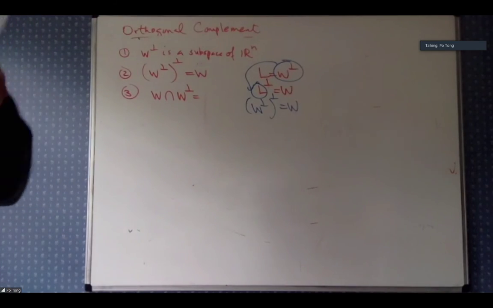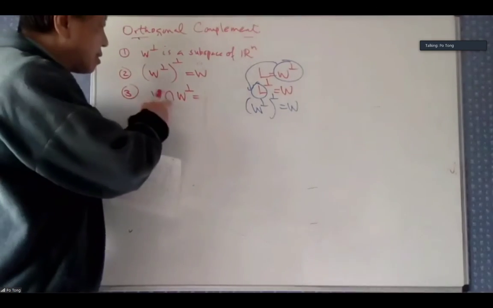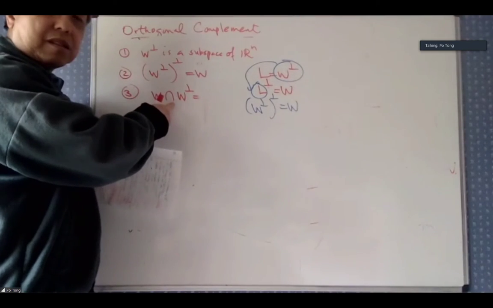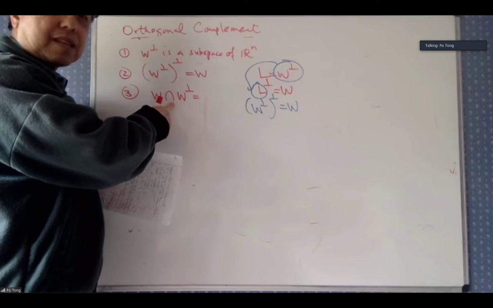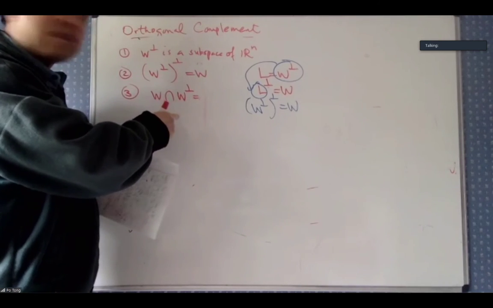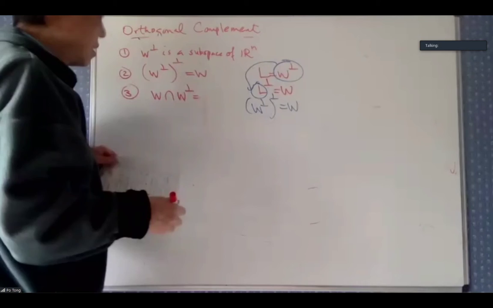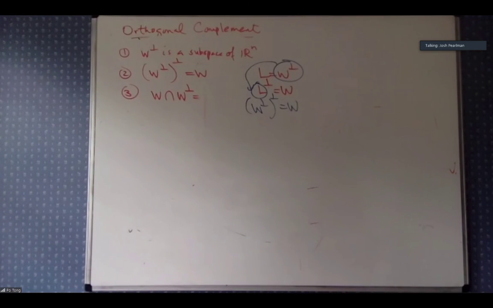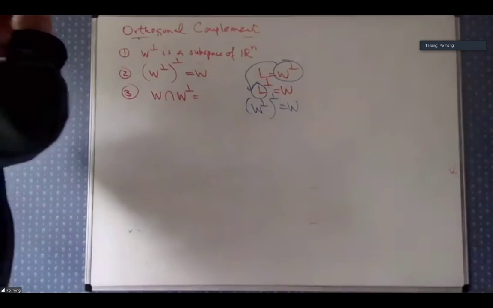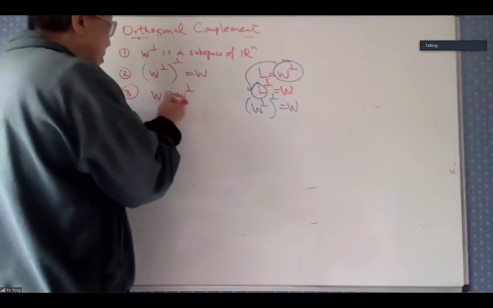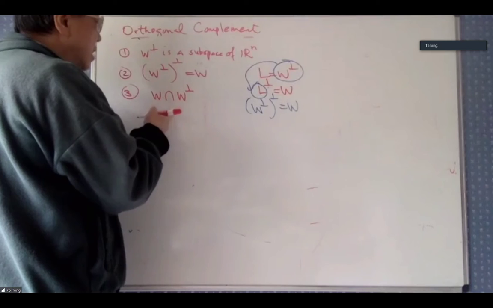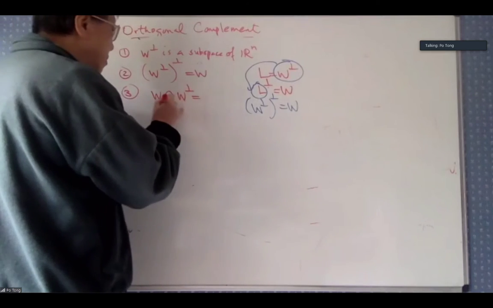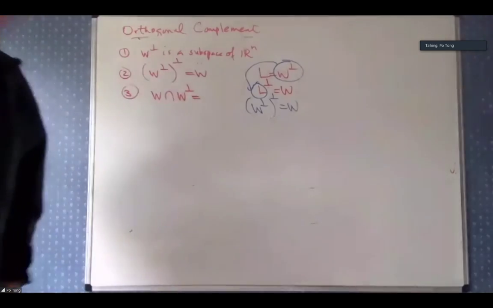W intersection W perp. Oh, you guys know this symbol? Intersection. You don't know that symbol. Okay. It's the overlap, the overlap of these two guys. This is intersection.